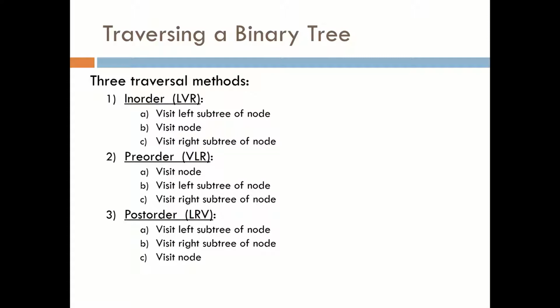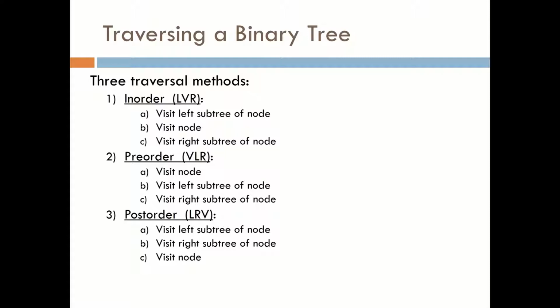You'll notice that in all cases, visiting the left subtree happens before the right subtree. There are no cases in which R shows up before L. The V, you can consider that when we actually process a particular node.